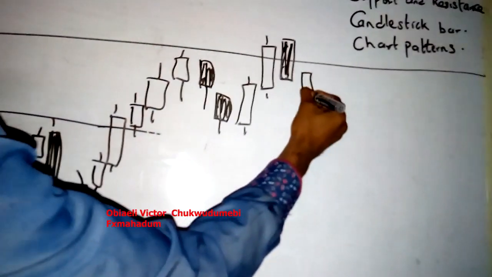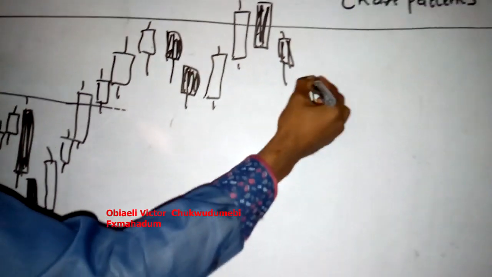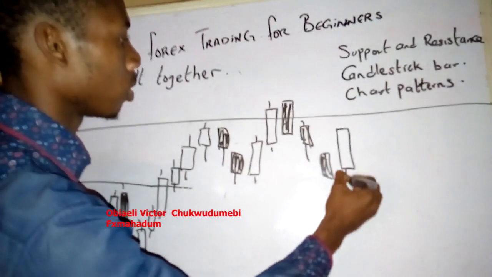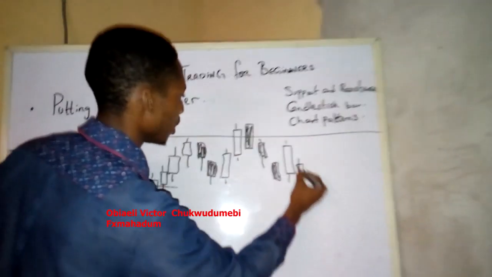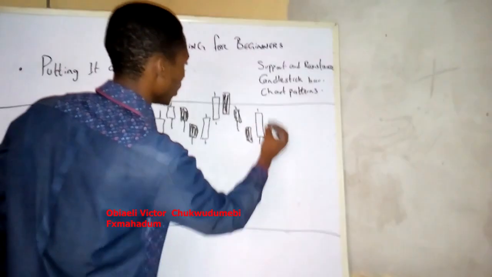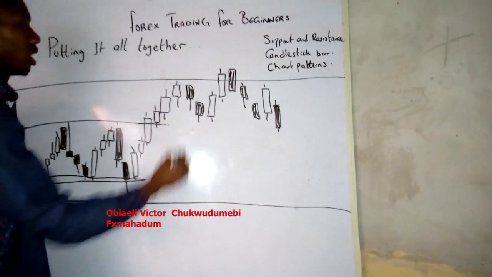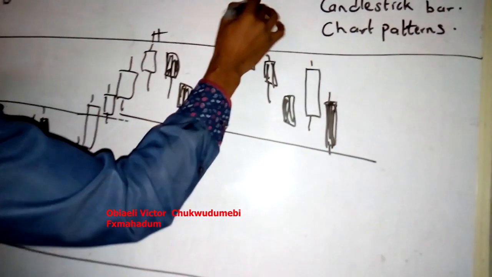Then we have another one, it keeps on trending lower, but it went back up. And finally, it came down. Now looking from this place, we also created a head and shoulders pattern.